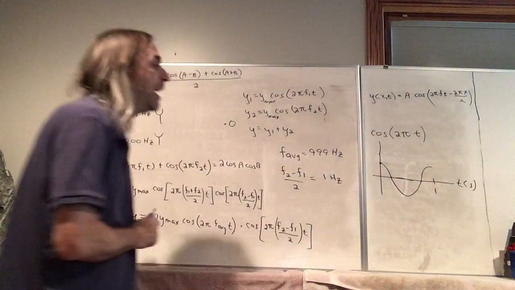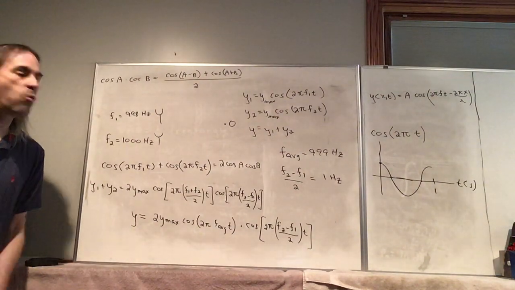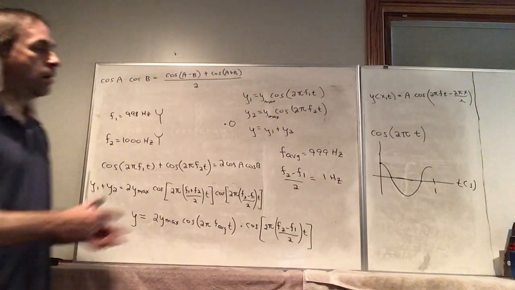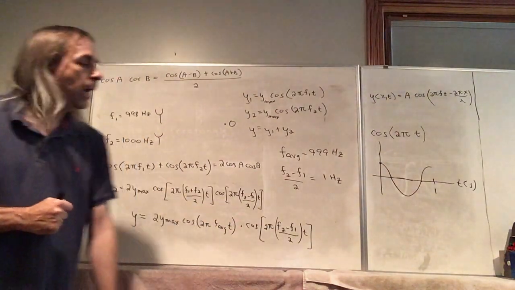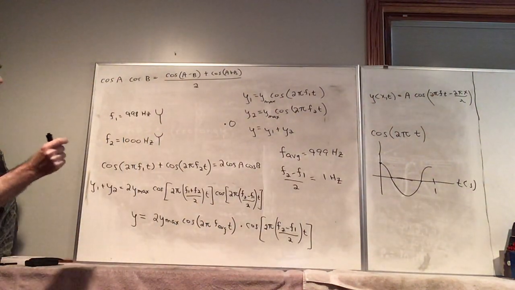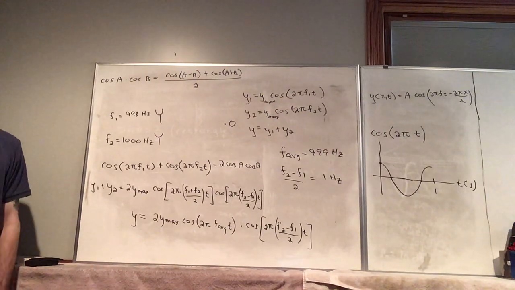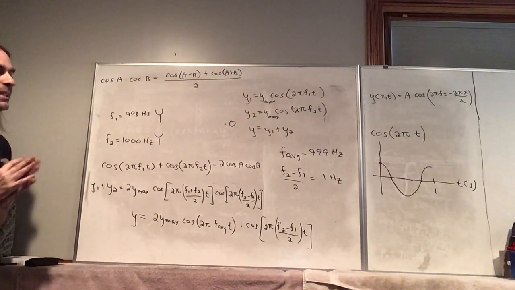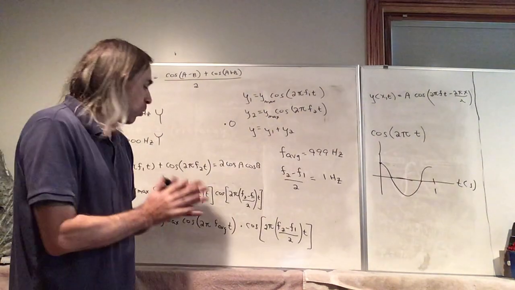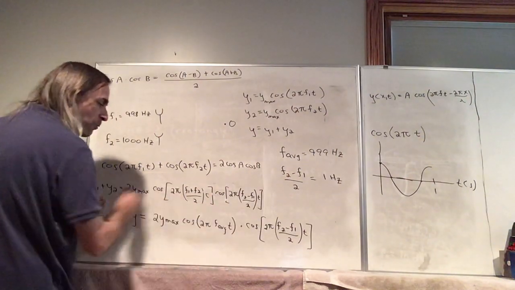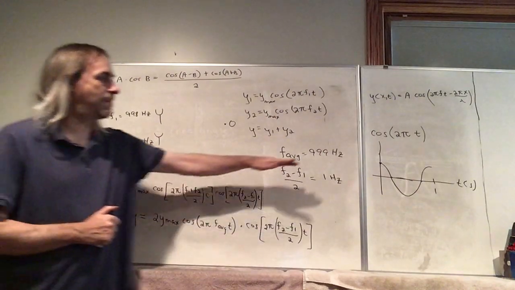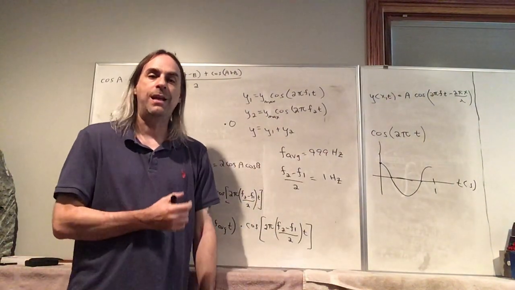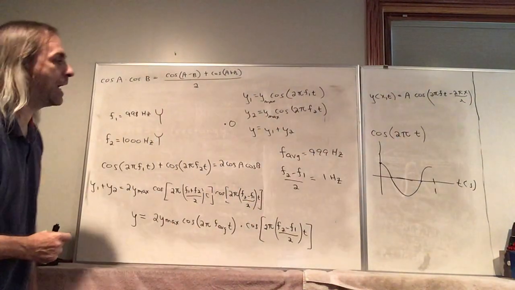That's what we're plotting on the y-axis. So over 1 cycle, this here is 1 hertz, and F2 minus F1 over 2 is 1 hertz. So over a period of 1 second, we're going to take this thing, which is oscillating very quickly. Here we've got about 1,000, we have 999 cycles per second.